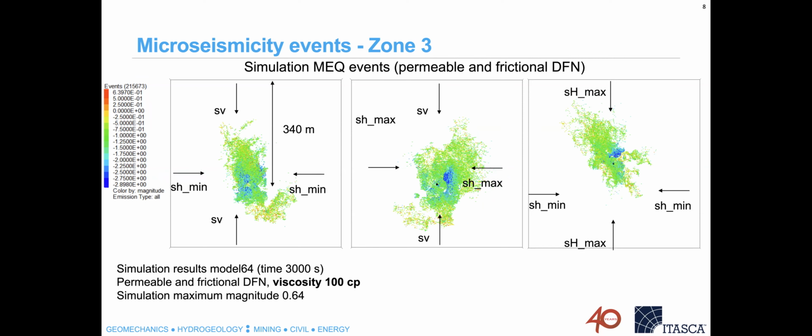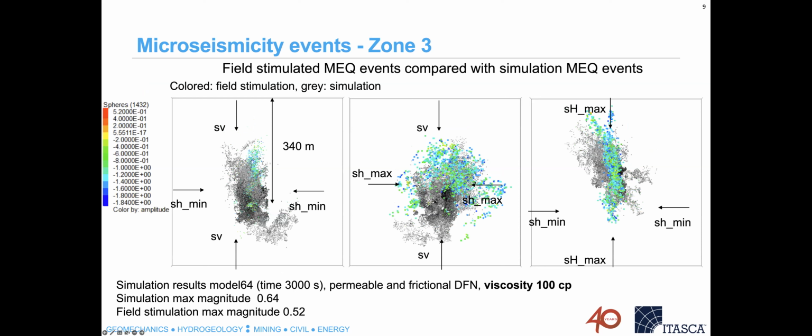And also in the simulation, we have a larger extent of the simulated microseismic events, which is similar to the field. Next one. Here I put the simulation results together with the stimulation, and again you can see they match very well with each other. Next one.